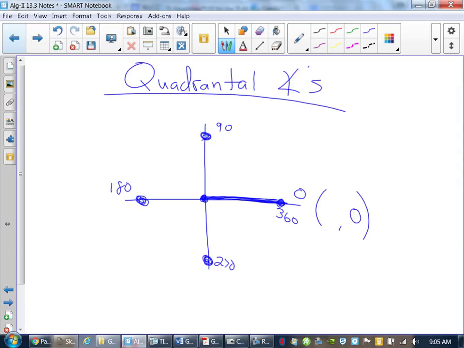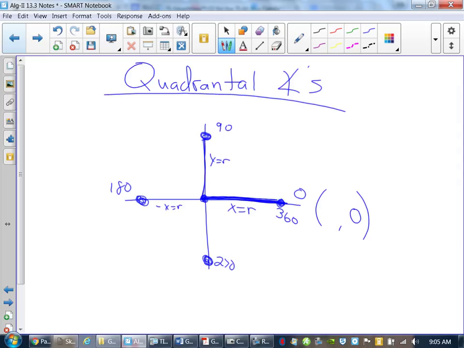My x value, though, is just x. It can be anything. Because if you think about it, isn't that value of x also going to be the exact same thing as your radius? Because the radius would have to come out to that point. So the value of x is always going to equal your radius here. Same thing as you come up here, your y value is going to equal the radius.